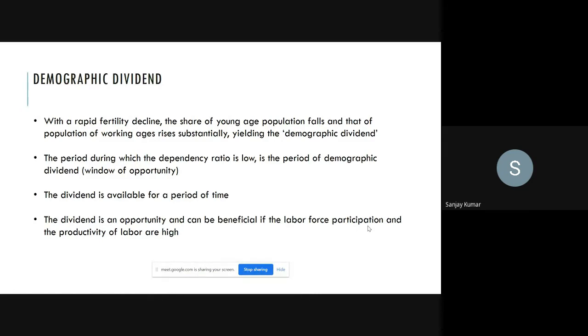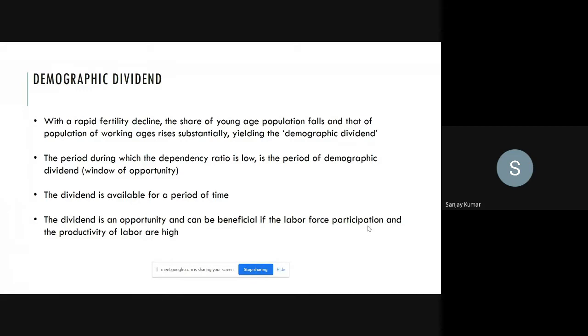This is the time where we can try to derive the dividend, and it can be beneficial for the country as a whole if the labor force participation of those in working ages improves, their productivity improves, and they are able to produce more as compared to the dependents. Their contribution to GDP will help faster economic growth. That's the favorable condition which can lead to economic growth.